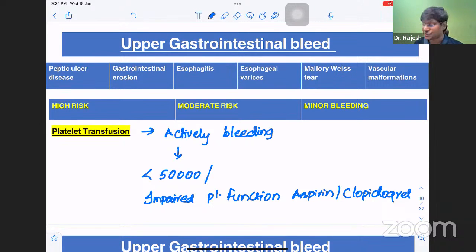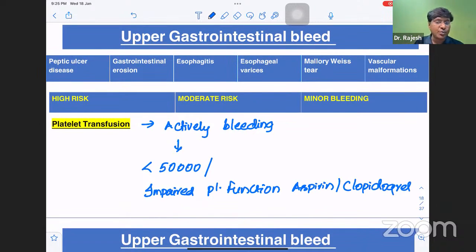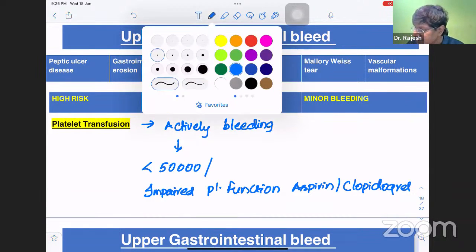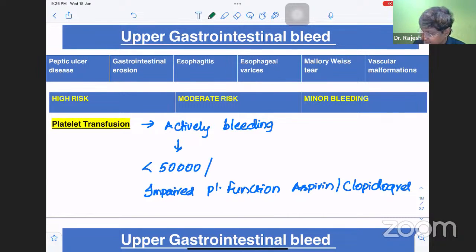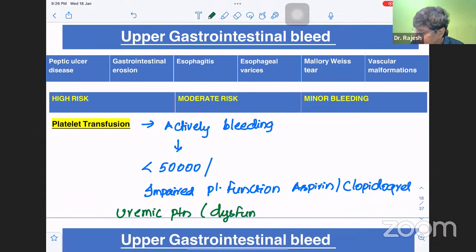Now, the other scenario where there are dysfunctional platelets is in patients who are suffering with uremia. See, in uremic patients also, there is dysfunction of the platelets, right?